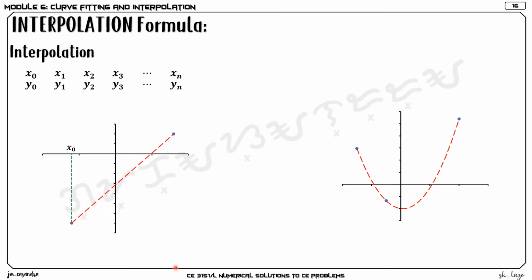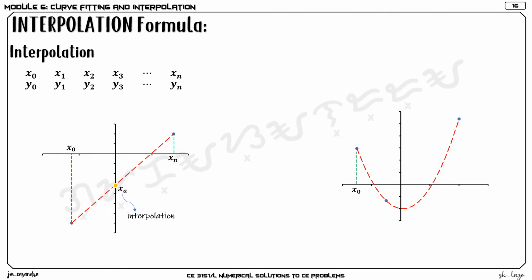So in this graph, we have our maximum and minimum values or the boundaries of the line, x sub o and x sub n, and the value of x sub e can be interpolated using interpolation.